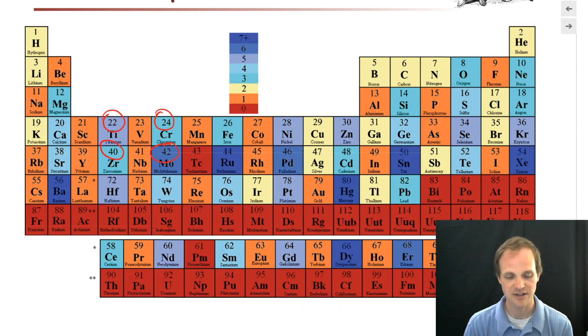And so all these things with different even numbers of protons are more stable than the things with odd numbers of protons. And in fact, it works for the neutrons too. Those elements that have an even number of neutrons are more stable than those elements that have an odd number of neutrons. And it's just an interesting fact, not going to be on a test, not going to be even talked about really anymore, but very interesting to understand that nature really likes things in pairs.